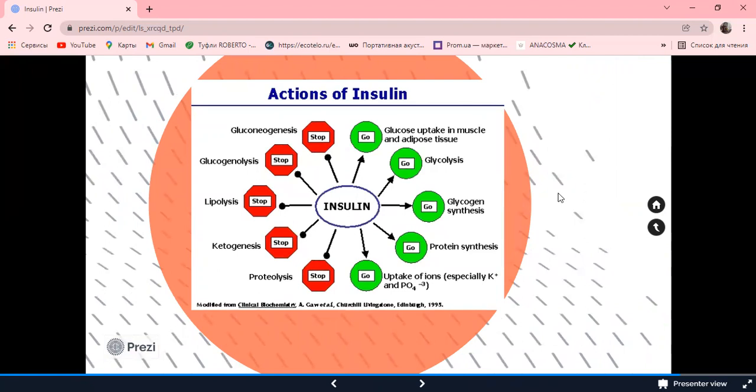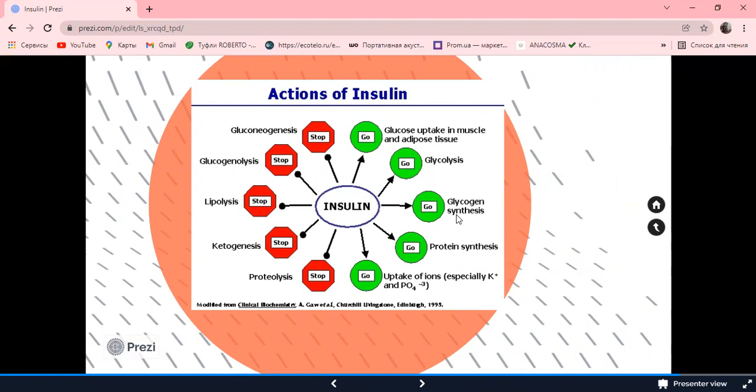First of all, in green you can find which processes will be activated by insulin. Glycolysis and glycogen synthesis will be activated because these are processes of glucose transformation. From carbohydrate metabolism, insulin activates three processes.